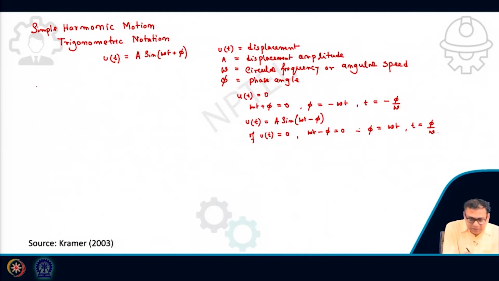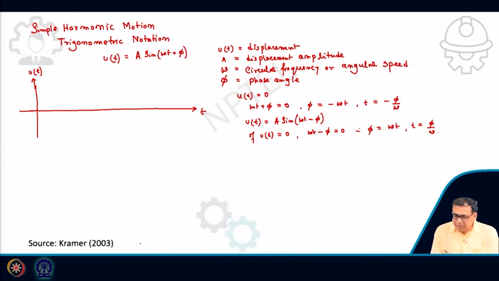So, for the first case, if I draw, this is your t and this is your displacement. Okay. Now, here when u is 0, that time t is minus phi by omega.